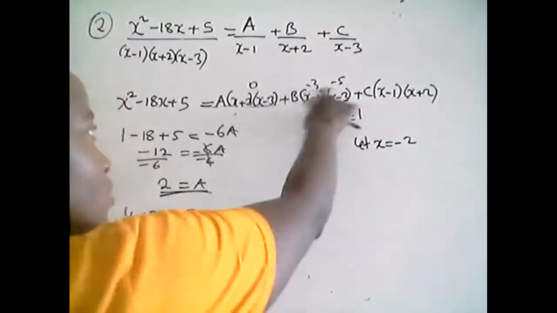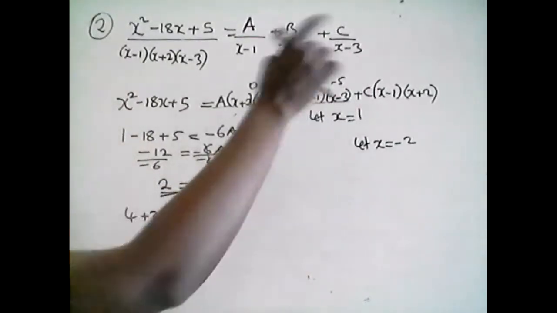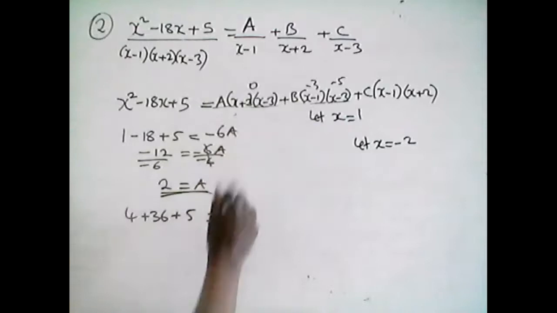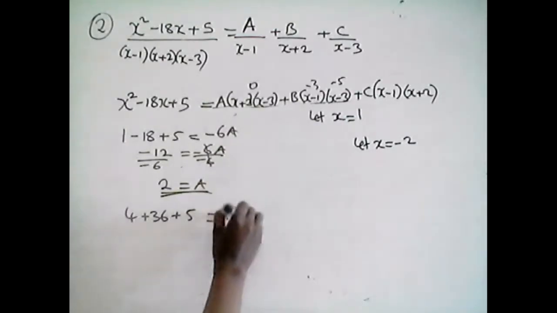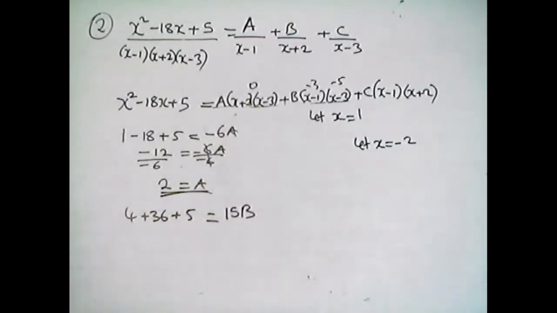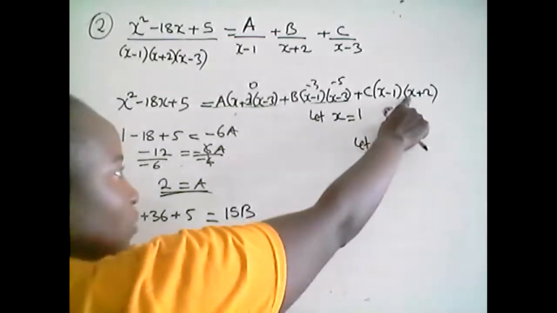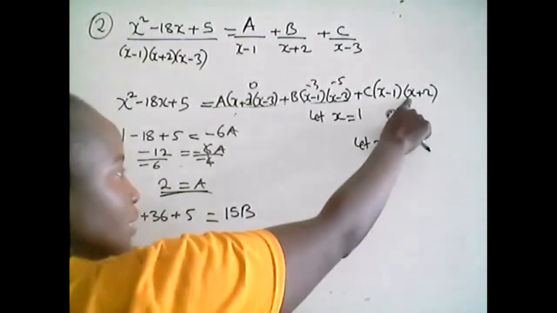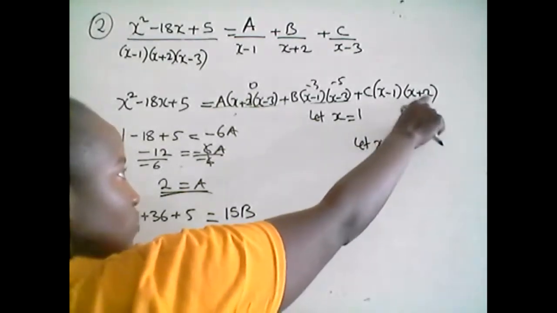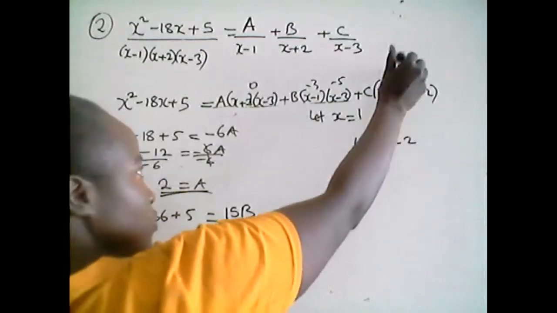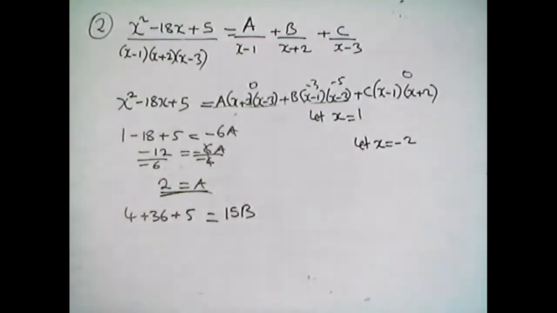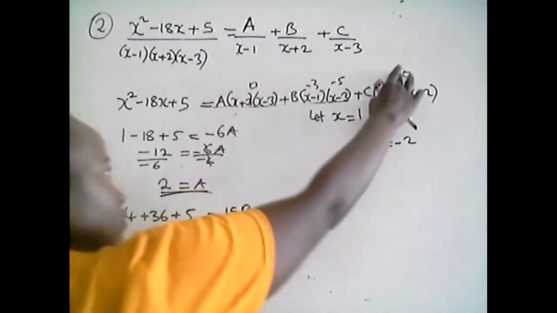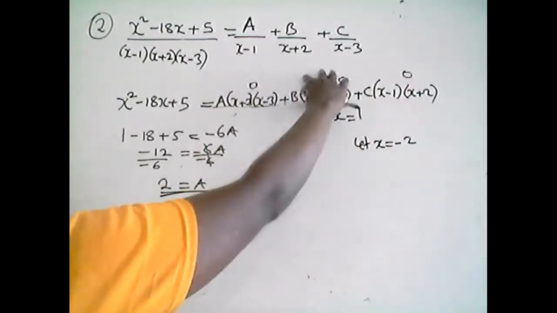So we have -3 multiplied by -5, which is 15, multiplied by B, which is 15B. The last part there, when you put x equals -2, it will be -2 + 2, which is 0. So this will give us a 0. You have seen that this part and that part have vanished. So we just remain with this part.